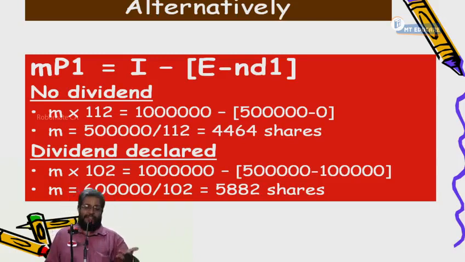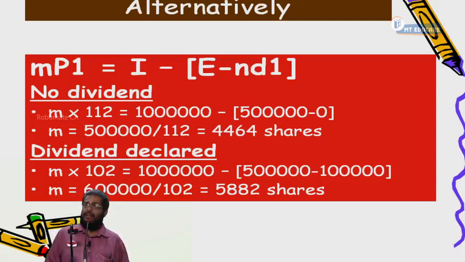Irrelevance of dividend for shareholders' wealth and company's wealth can be proved as follows.